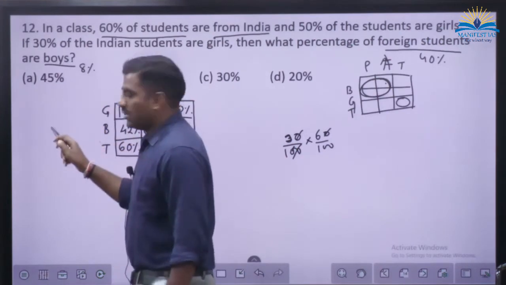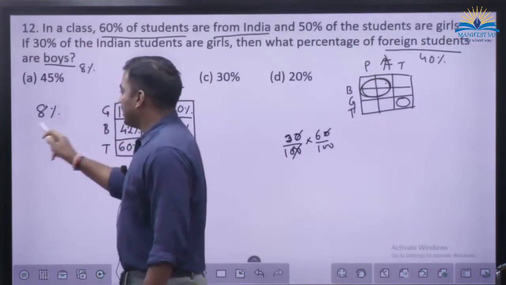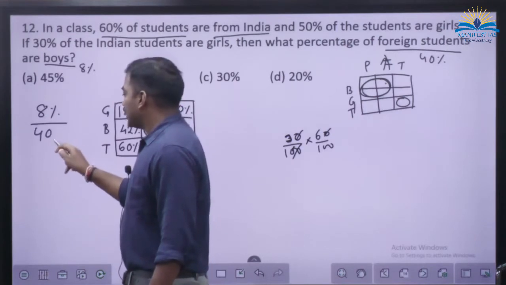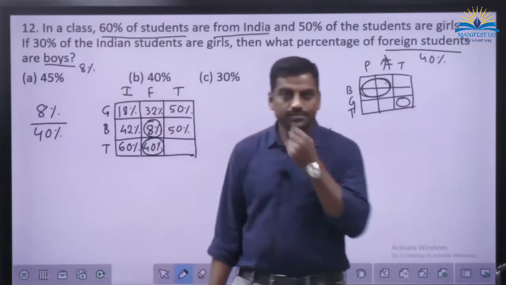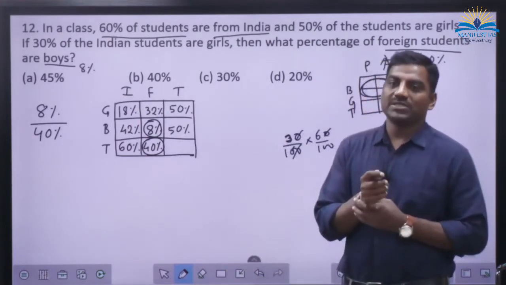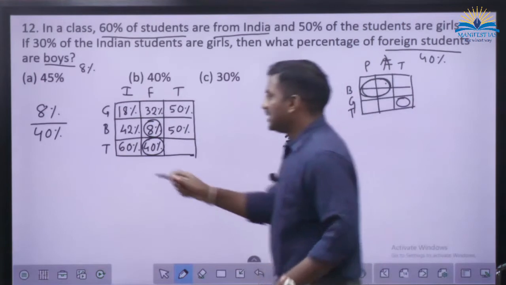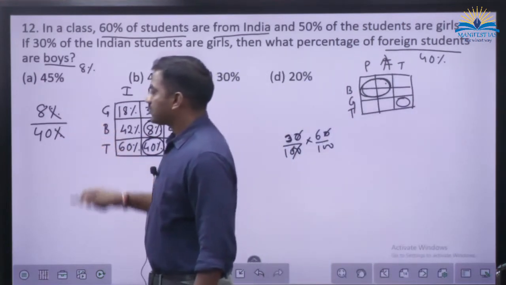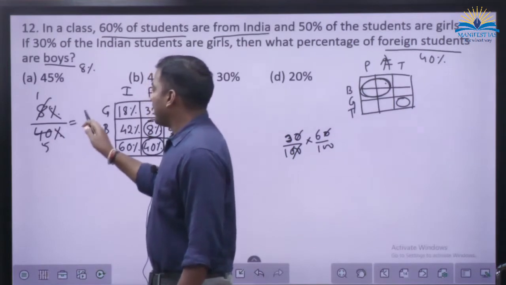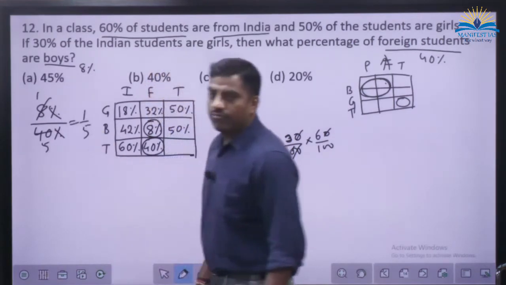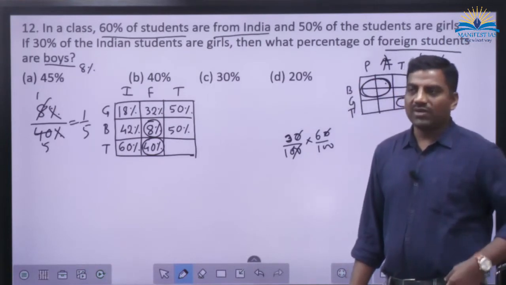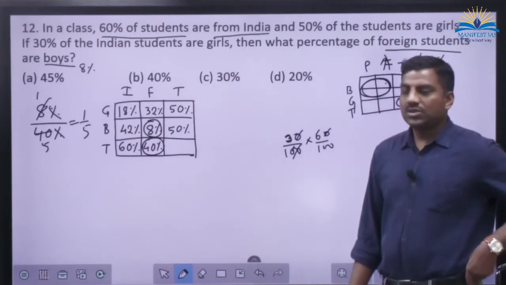They are asking that this 8% is what percentage of 40%? Percentage get cancelled. 8 ones are 8, 5s are 40, 1 by 5 is what percentage? 1 by 5 fraction. What is the value for 1 by 5 in terms of percentage? 20%.